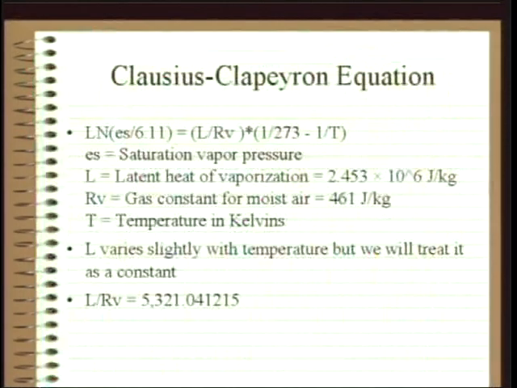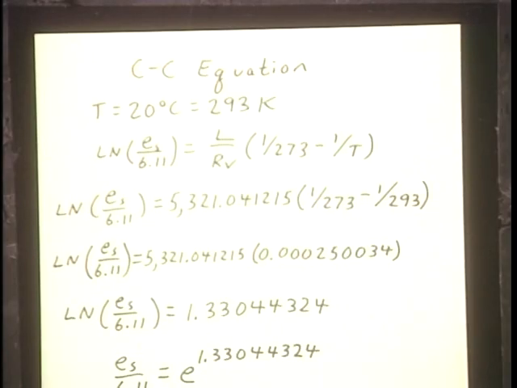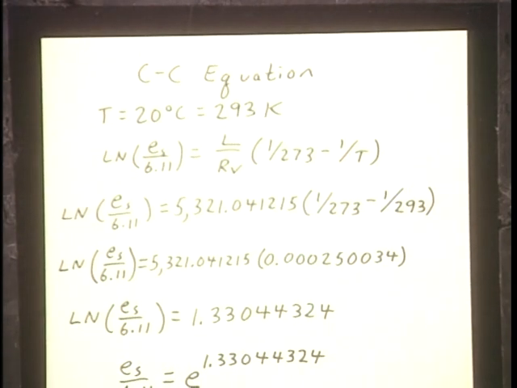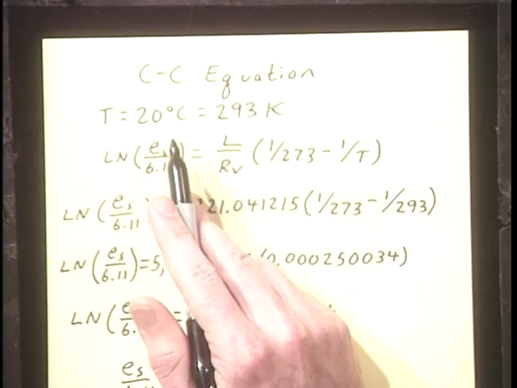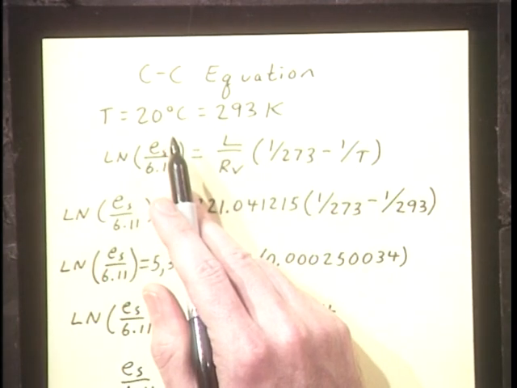On the overhead camera, we'll look at an example of solving the Clausius-Clapeyron equation. We're going to be given a temperature of 20 degrees Celsius.